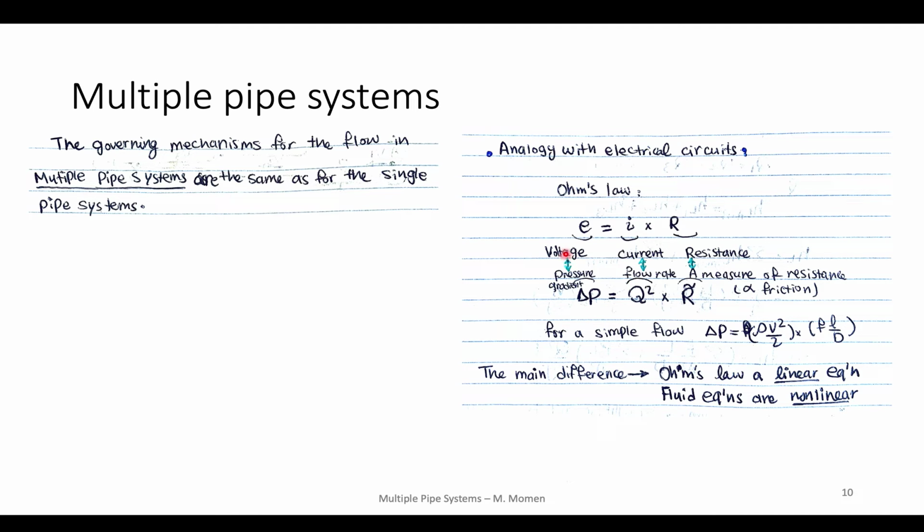The main difference between electrical circuits and fluid mechanics or pipe systems is that Ohm's law is a linear equation. As you can see here, we have a simple linear equation, E equals IR, whereas fluid equations are mostly nonlinear.